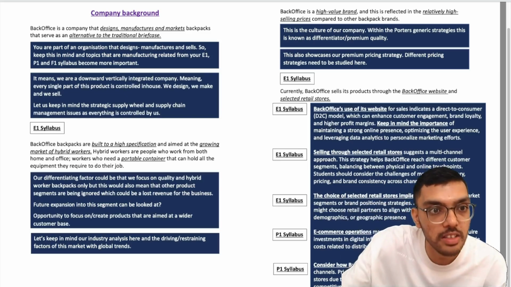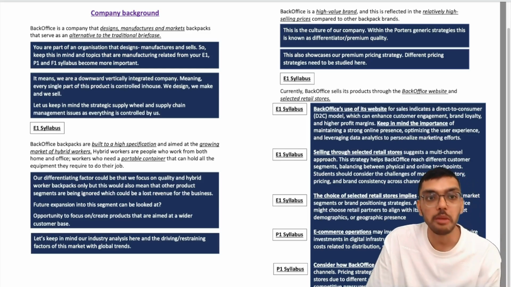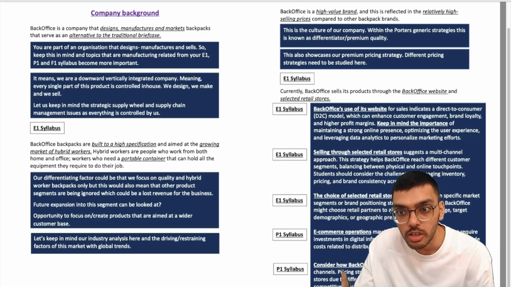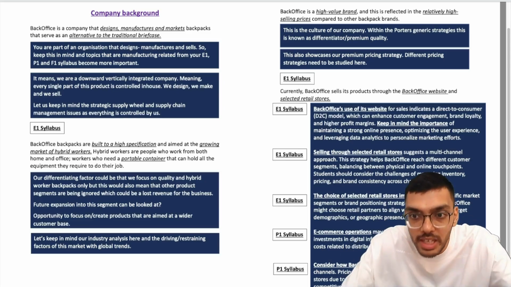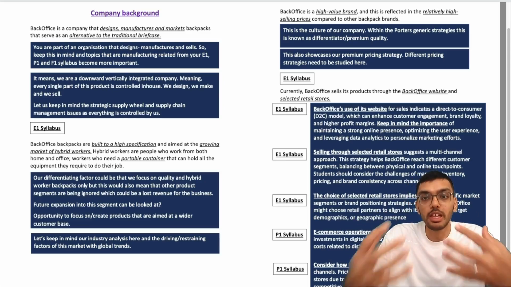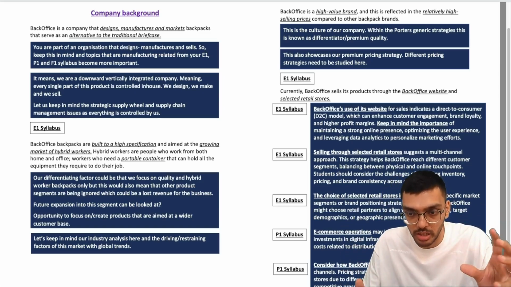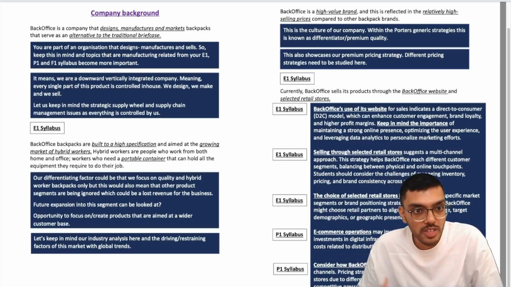But this links to our supply chain management issues, because remember, you design and then you manufacture. For manufacturing, you will need inputs, you will need supplies. If that supply of your raw materials is not coming in, you cannot manufacture, and then you cannot sell.